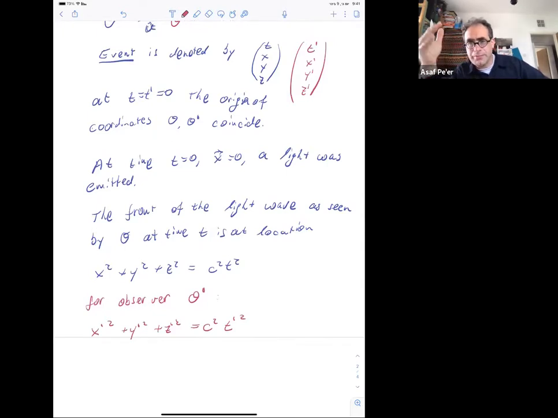The coordinates t prime, x prime, y prime, z prime are what the red observer, O prime, uses. Do not make the mistake. Sometimes people, especially at the beginning, start having primed and unprimed coordinates in the same equation. That's really meaningless, generally. Don't do that.